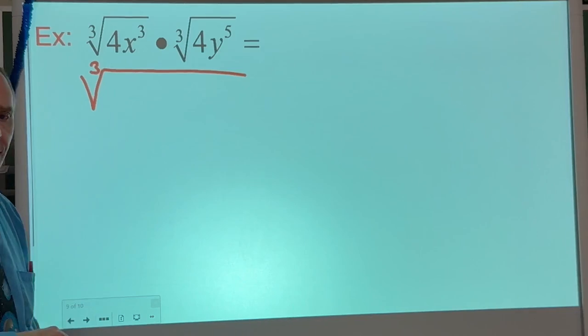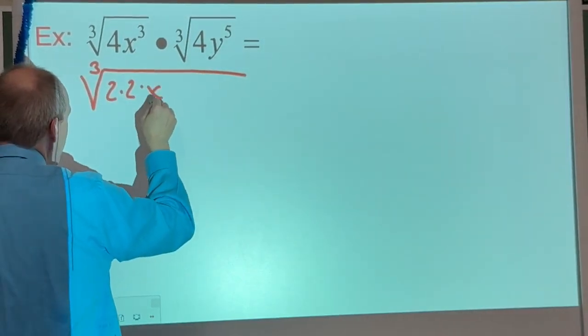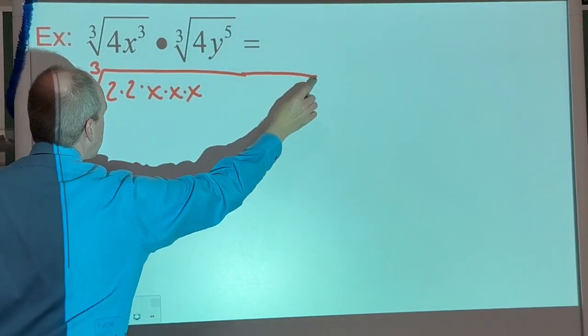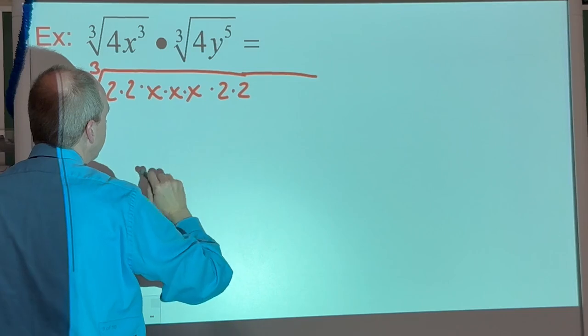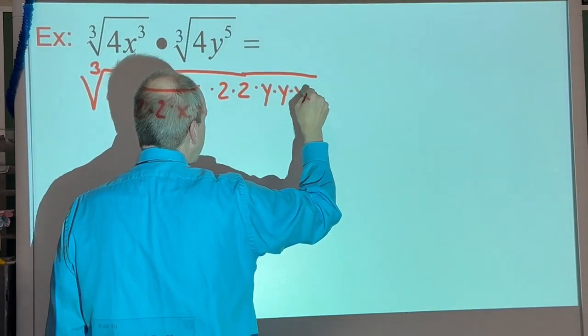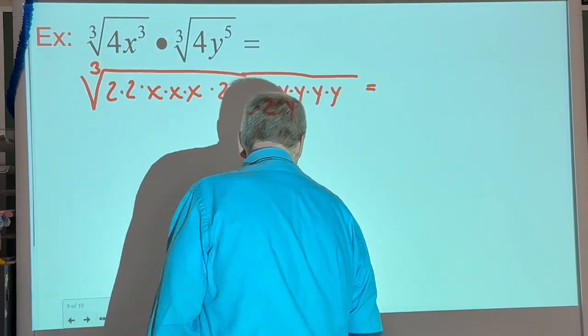For instance, 4. Well, that's 2 times 2. X to the 3rd, x times x times x. 4. Well, that's 2 times 2. And then y to the 5th would be 1, 2, 3, 4, 5 y's multiplied together.